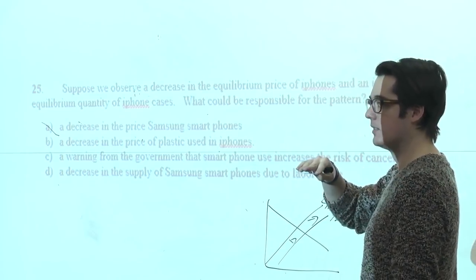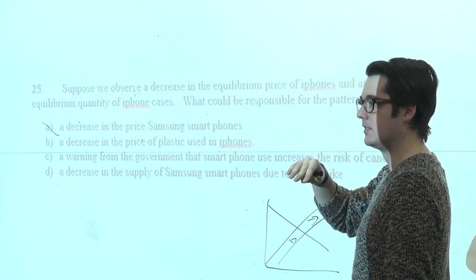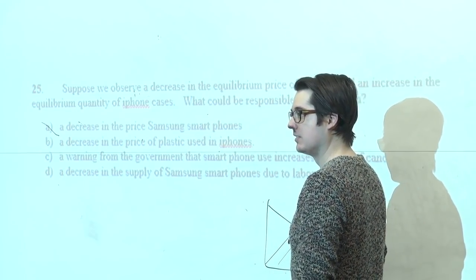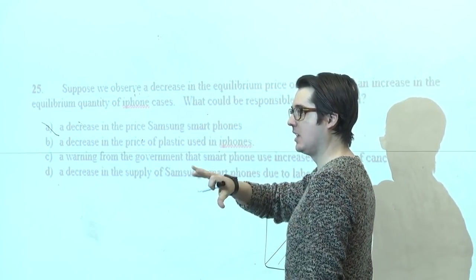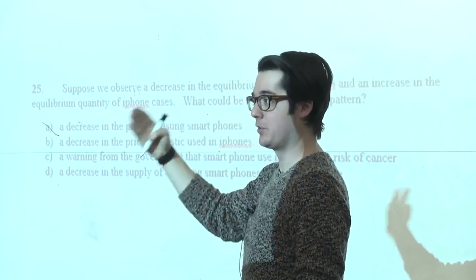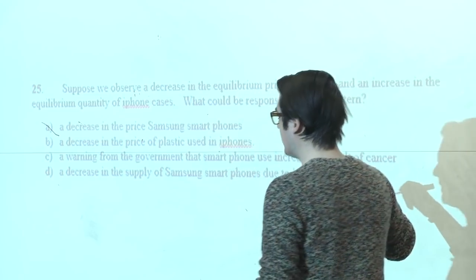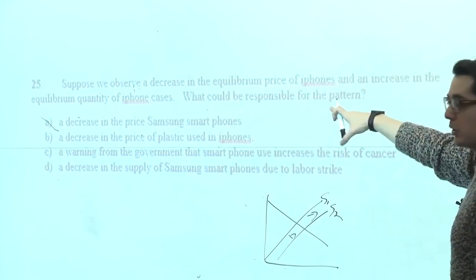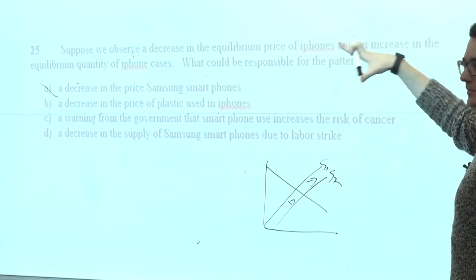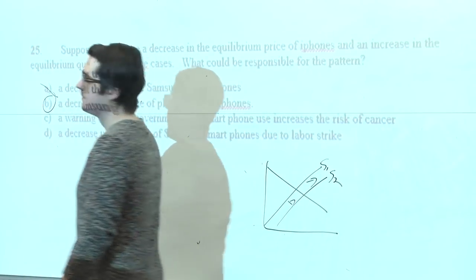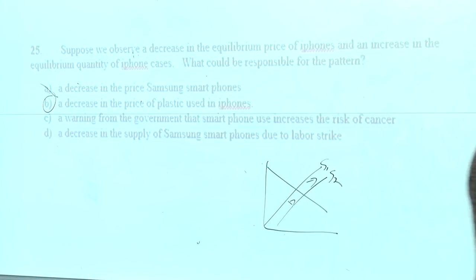Well, if the price of a complement goes down, what happens to the other thing? It's going to increase demand, right? If we increase demand for iPhone cases, what's going to happen to the equilibrium quantity? It's going to increase. Yeah, good. So B is going to be our answer there for the last question.